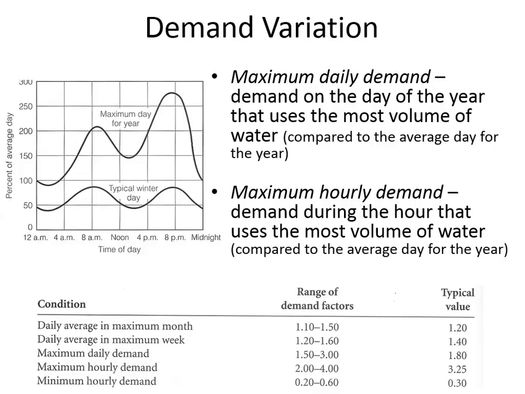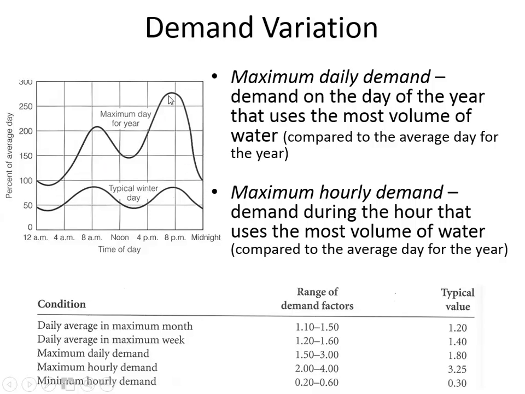I'll ask you to digitize this figure so that you can use it in your reservoir sizing. What this figure illustrates is that during the summer, on the day of the year where people are using the most water, the maximum day of the year, the demand for water at 8 p.m. is much larger than the demand for water at 2 a.m. Why do you suppose that is?